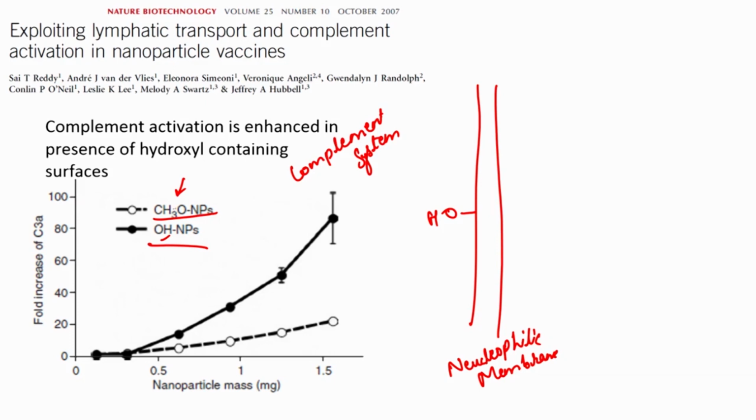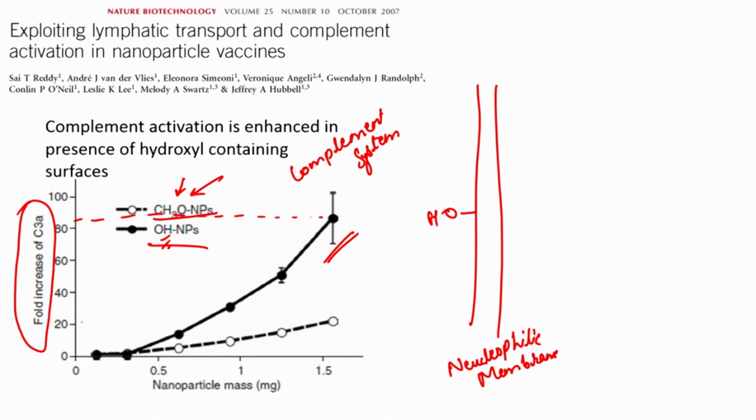So what they have done is, they have played around with different functional groups. This one is not nucleophilic, whereas this one is, and what they see is the amount of C3a that they measure. You can clearly see that if you have particles which contain these hydroxyl groups, you see a much higher fold increase compared to the basal level.